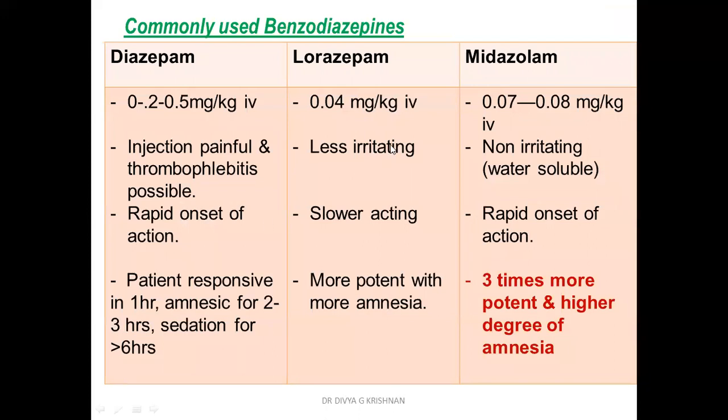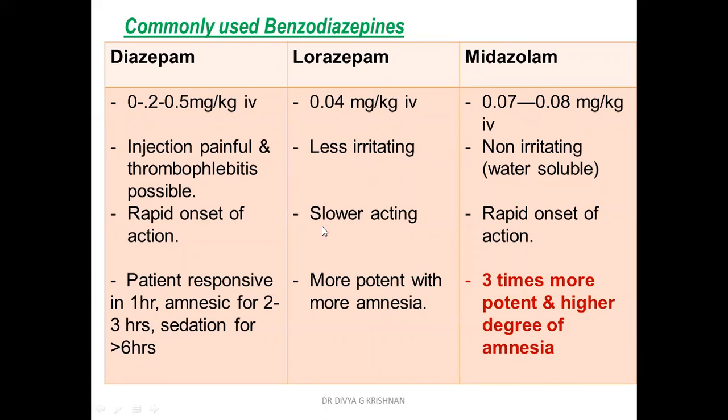So we just compare the three important benzodiazepines which are used as anesthetics: diazepam, lorazepam, and midazolam. You can see the diazepam injection is somewhat painful and it can cause the inflammation of veins called thrombophlebitis. On the other hand, lorazepam and midazolam are comparatively less irritating.